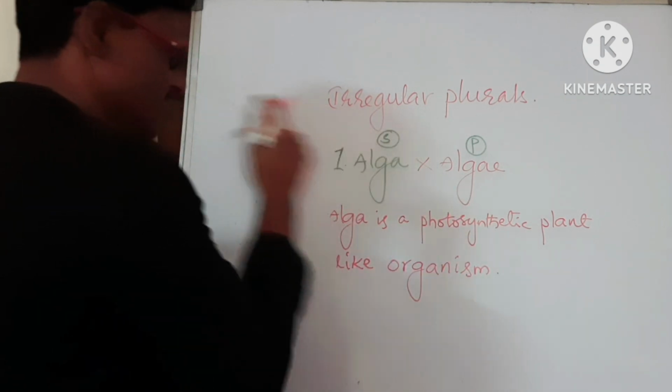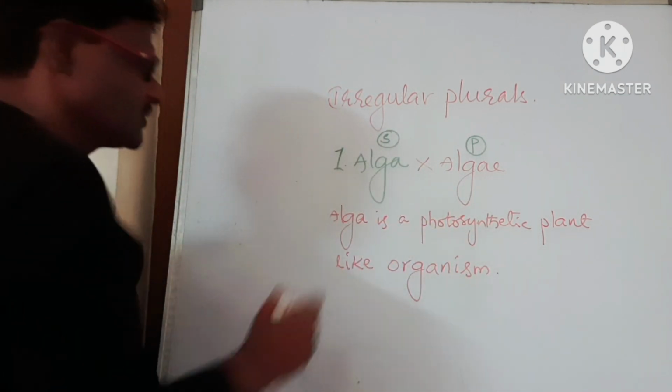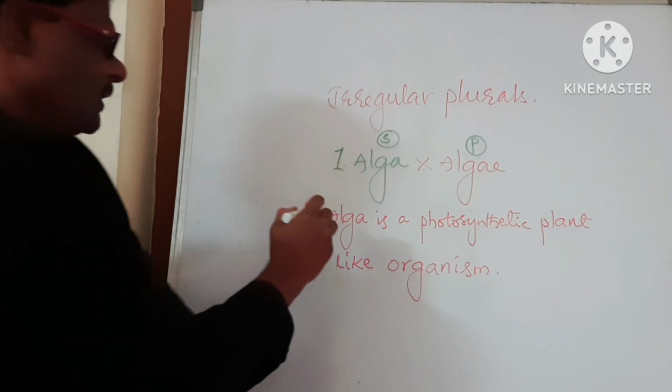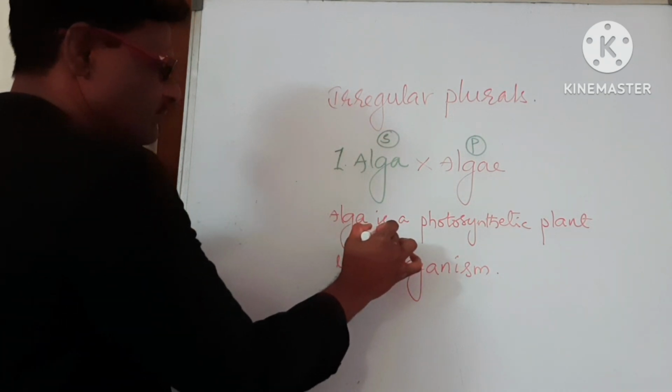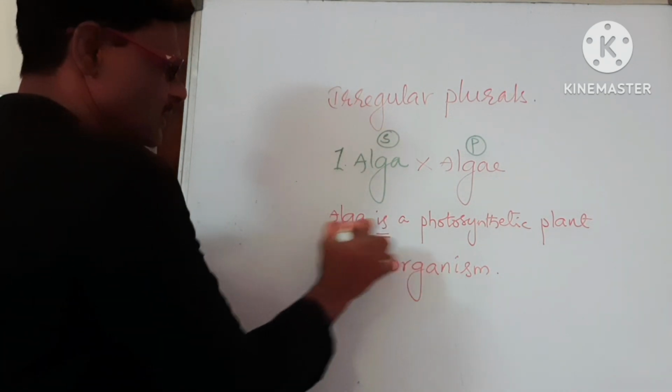It is a plant-like organism. Alga is a photosynthetic plant-like organism. I have used here the singular auxiliary verb, is.